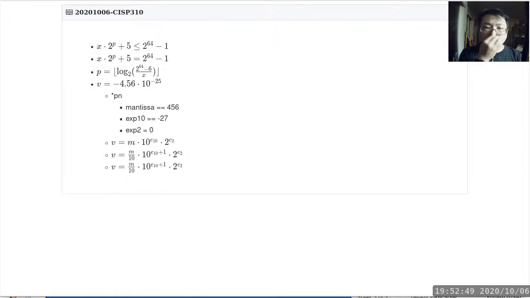Instead of just doing this, I think if I multiply M by 2 and then take care of the extra multiplication by 2 by decreasing the power of 2 by 1, that would still preserve V. This multiplication by 2 is canceled out by this subtraction of 1 of the power of 2.